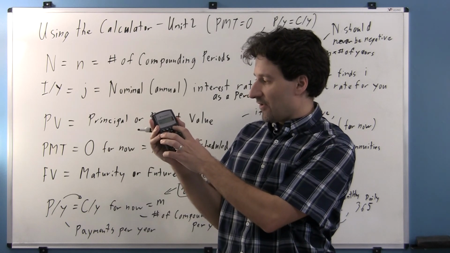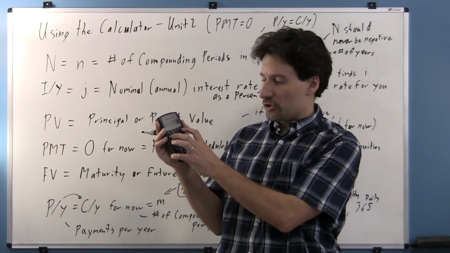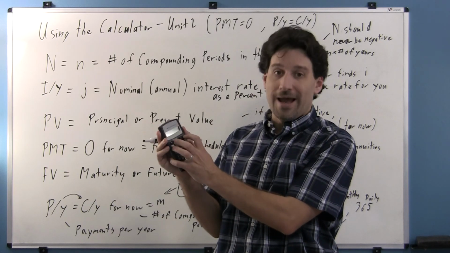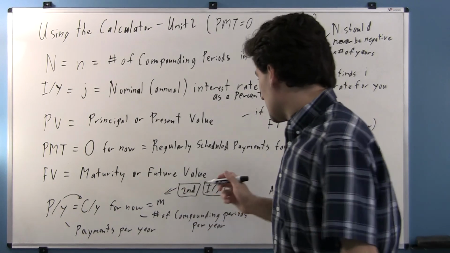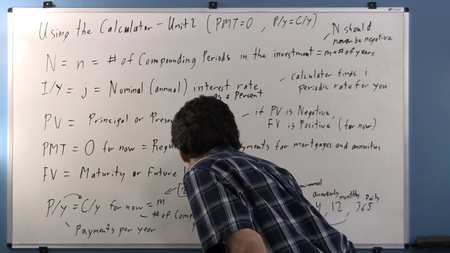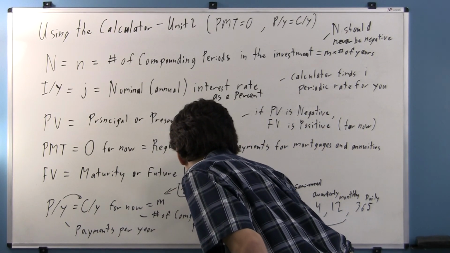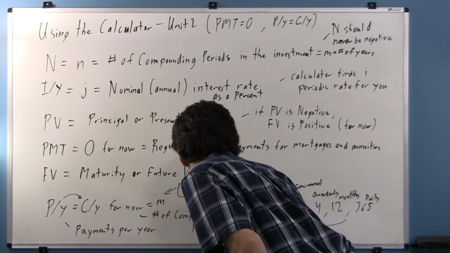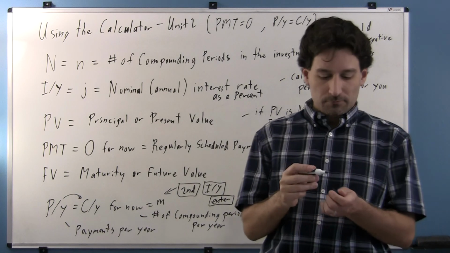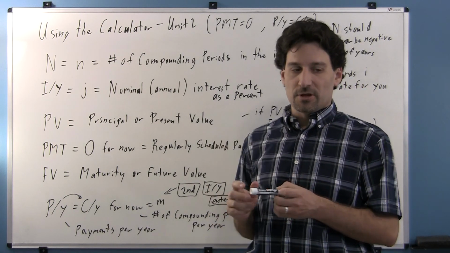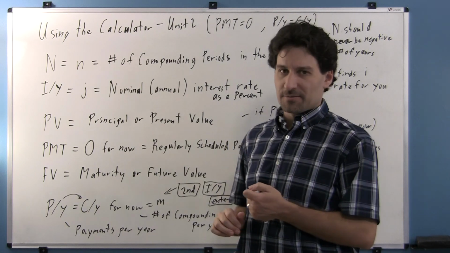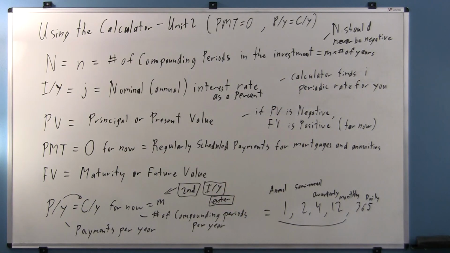Then you can see if you hit the down arrow, both PY and CY should be quarterly, and then you can hit second and quit or compute to exit out of that. Second IY, and you'll want to hit enter once you type a number to enter the number in. Okay, let's work through an example, and I think it'll make some sense. I'll come back in a second.